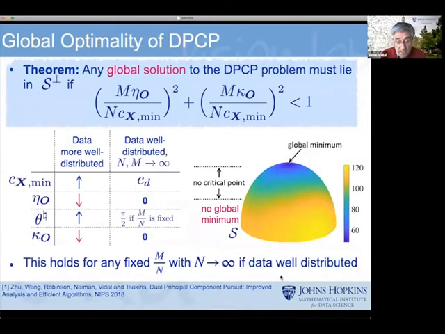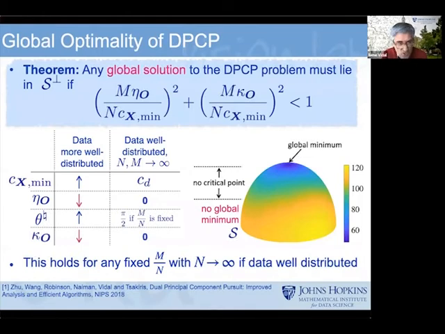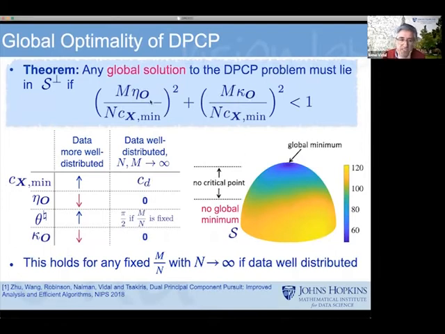The next result characterizes not just the critical points, but the global minimum. And it requires a little bit more, and the theorem is at the top. So M again is the number of outliers, and N is the number of inliers. So immediately you can see there is a factor that is the ratio of the two.